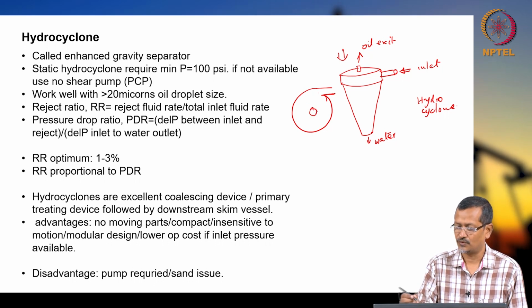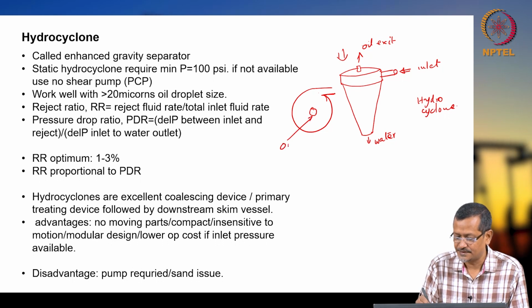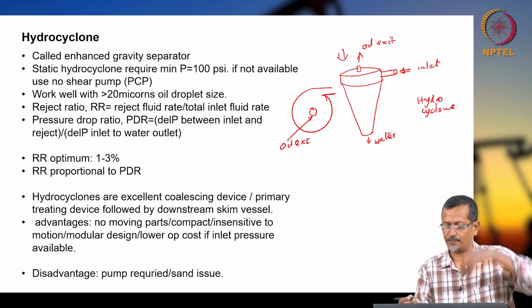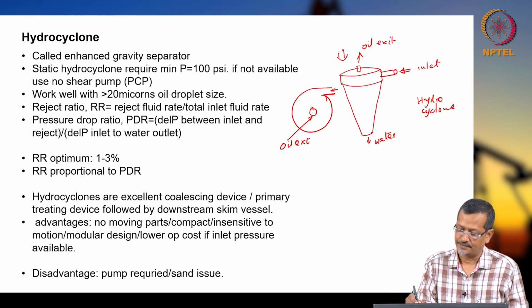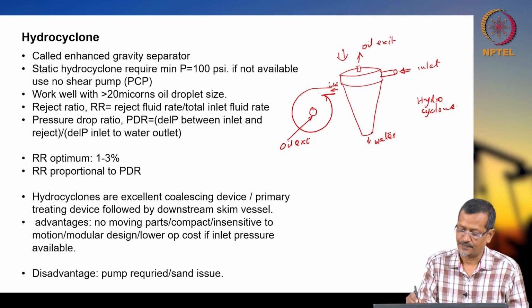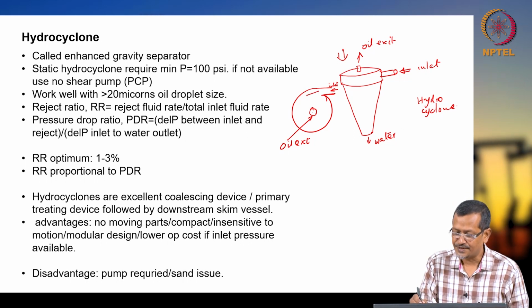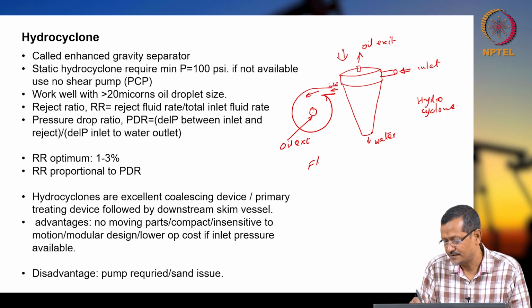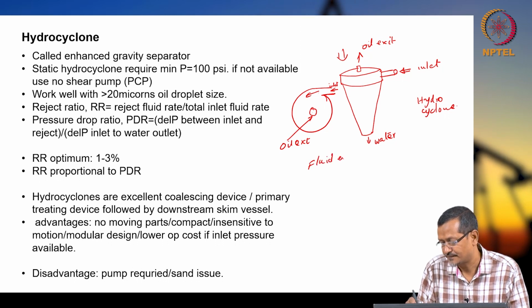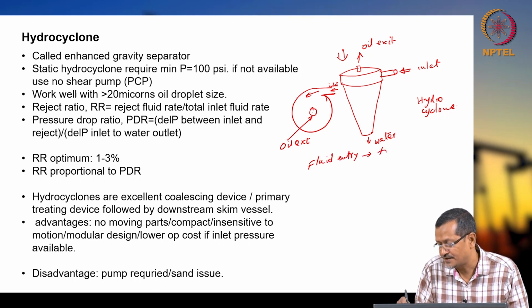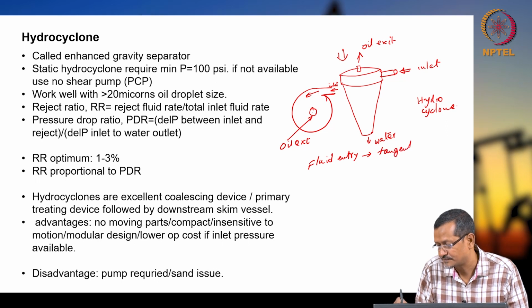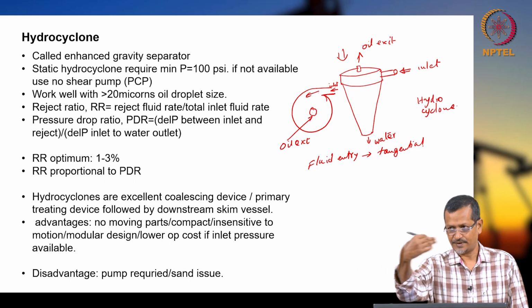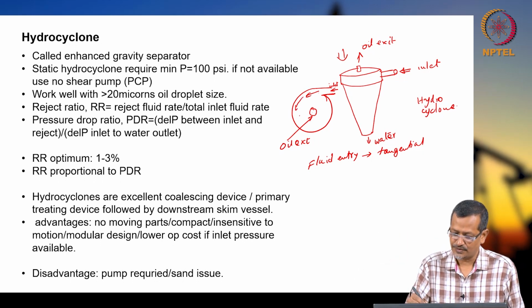This is central hole, this is oil exit path, this is oil exit if I am looking from the top, and it is your inlet. Fluid is entering tangentially, so tangential entry. It will be touching the surface and entering, so it will be rotating actually.